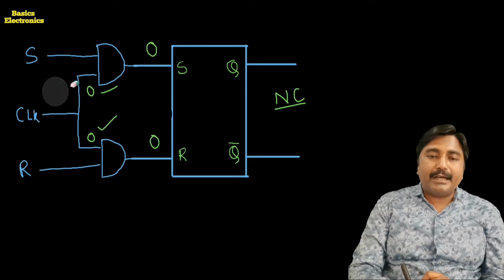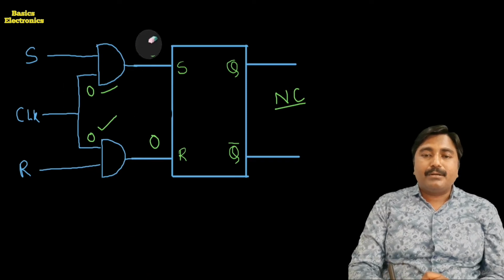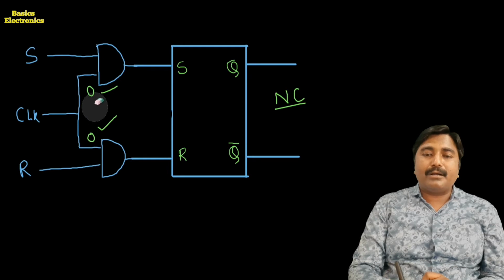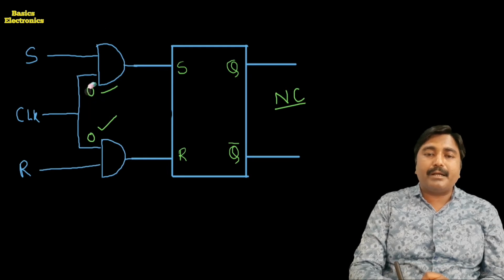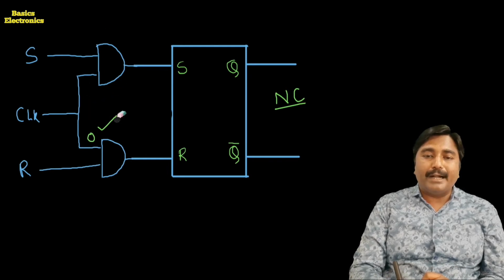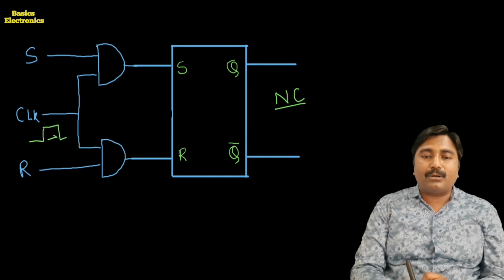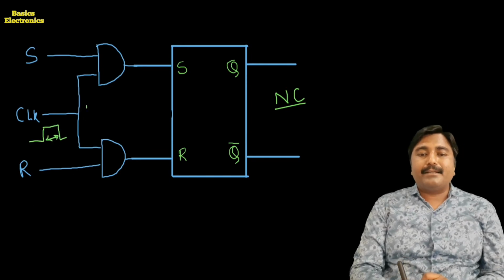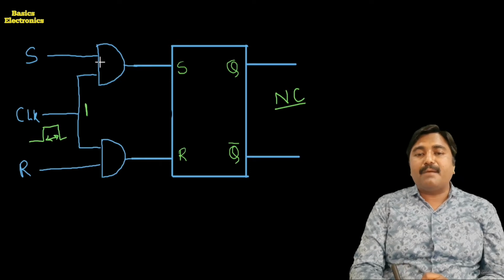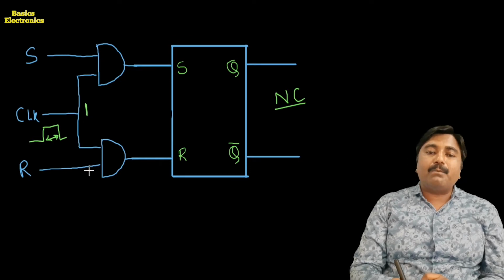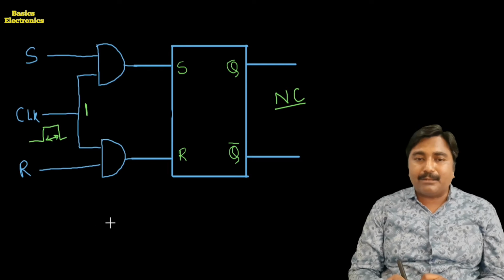Now suppose we apply the clock input equal to 1, which means there is a high time of the clock input. Then one input of the upper AND gate is equal to 1 and one input of the lower AND gate is equal to 1.